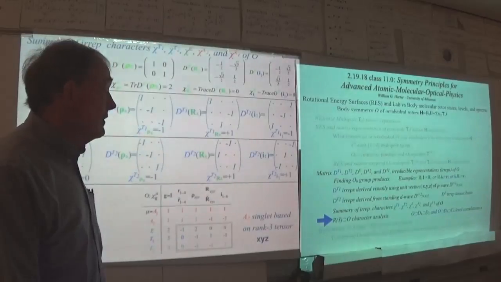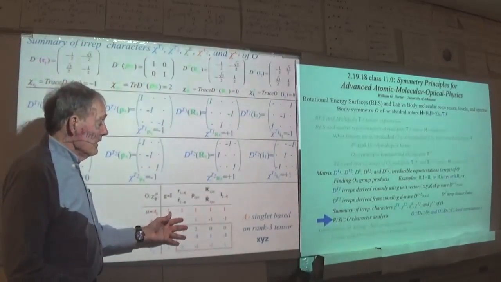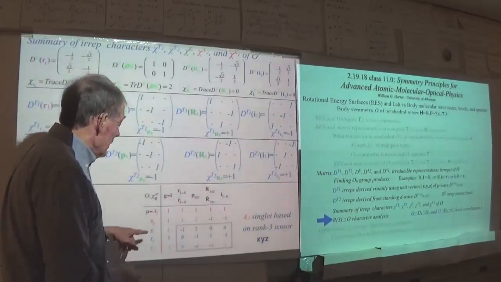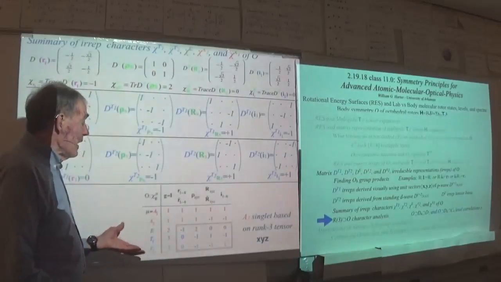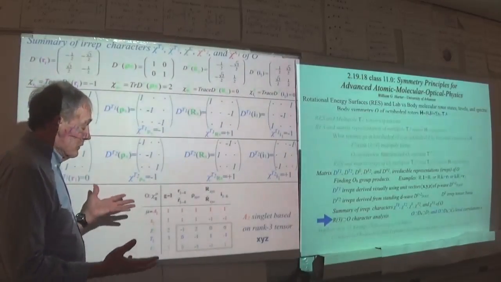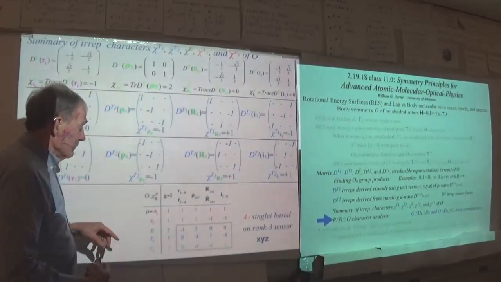But we're in a situation now where we can take these characters right here and figure out how these representations would come out of an orbital of any angular momentum, or a rotor that has any angular momentum.